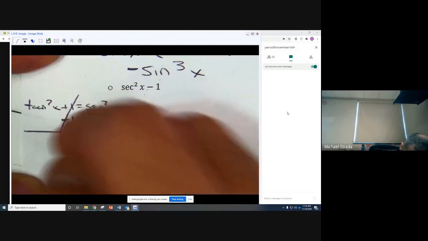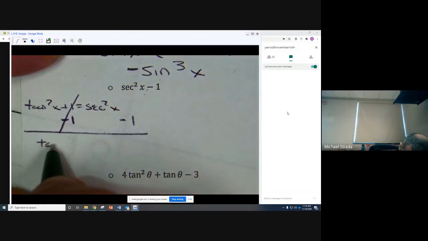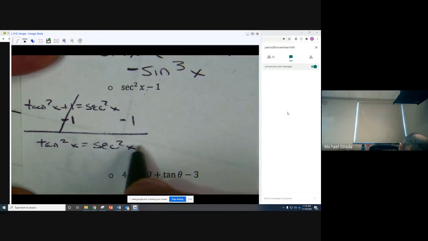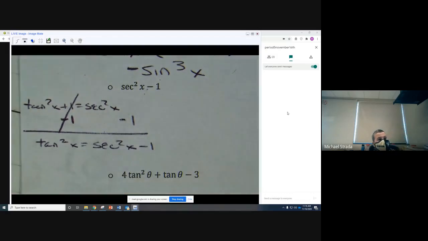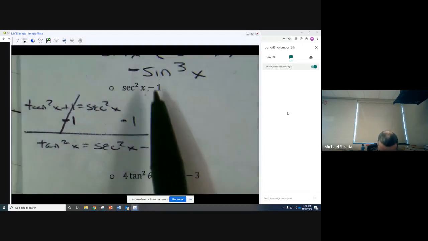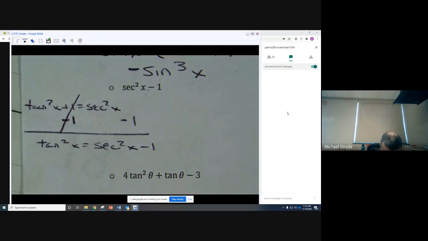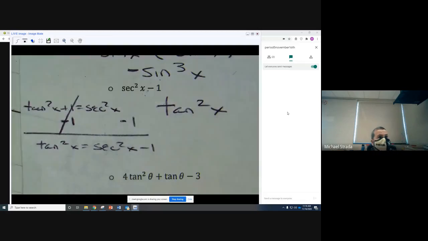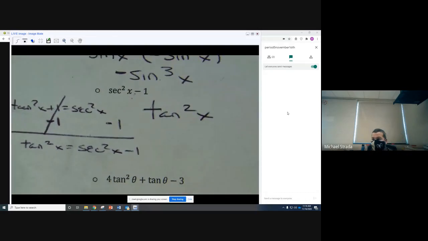They cancel there, and now I would have tangent squared x equals secant squared x minus 1. Which is the same thing as that secant squared x minus 1. So that means this is equivalent to tangent squared x. And we'll summarize all that because that's the hardest part of this unit.